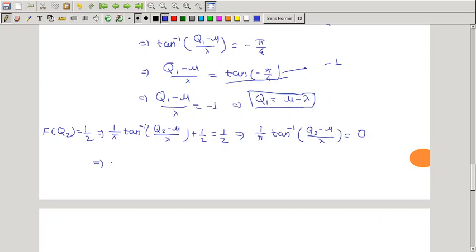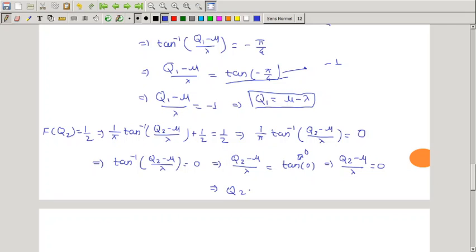So tan inverse of q2 minus mu upon lambda is equal to 0, that is q2 minus mu upon lambda is equal to tan 0, and tan 0 is nothing but 0. So q2 is equal to mu. This is the second quartile.